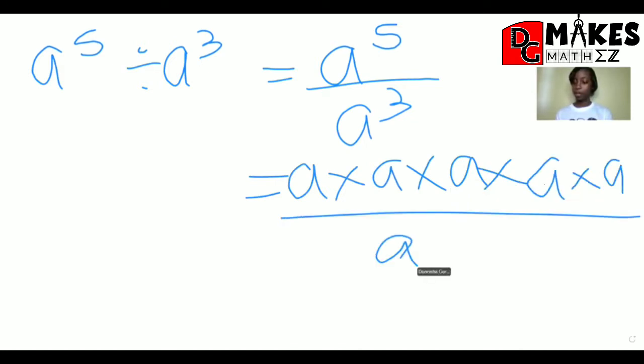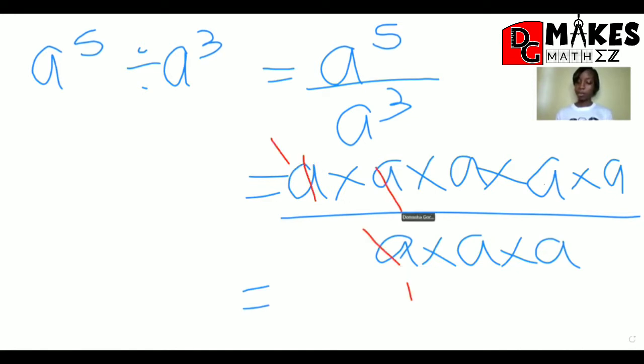All of that is being divided by a cubed. And if we simplify here, a into a goes 1 time, so we have a canceling a canceling a again, and our final answer is a squared over 1, which is a squared.